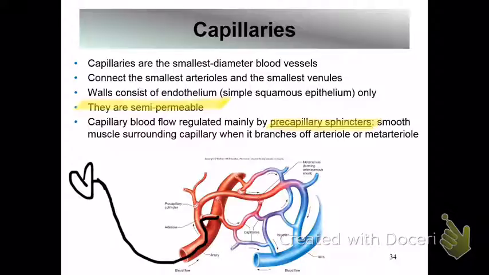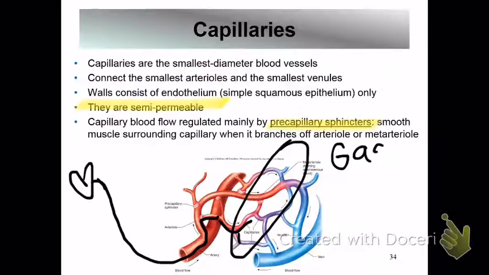And then the arterioles split off again into capillaries. So right here, this is the capillary, where the smallest artery becomes a vein. That's where the oxygen is dropped off. So capillaries is where gas exchange occurs. Write that in. Gas exchange occurs.